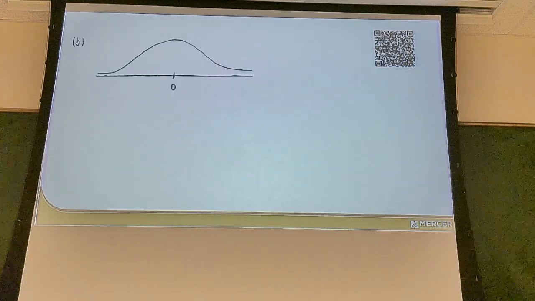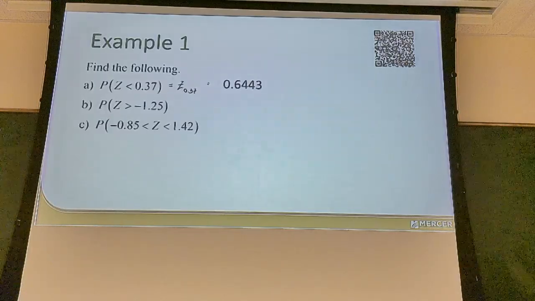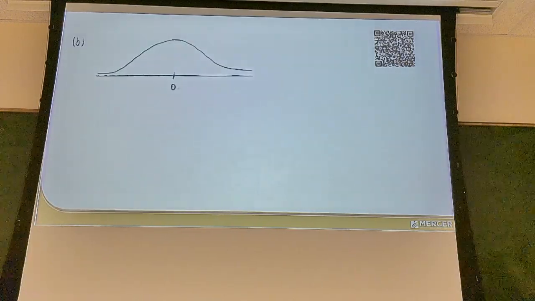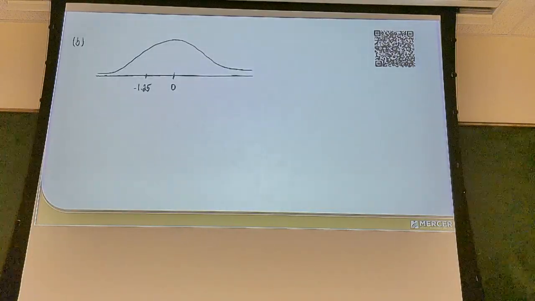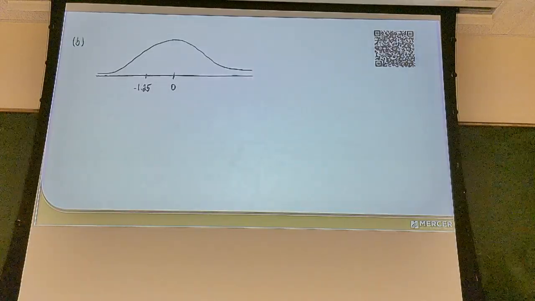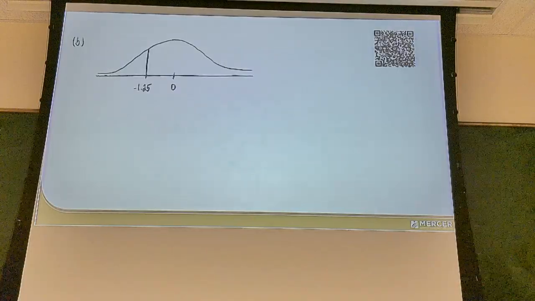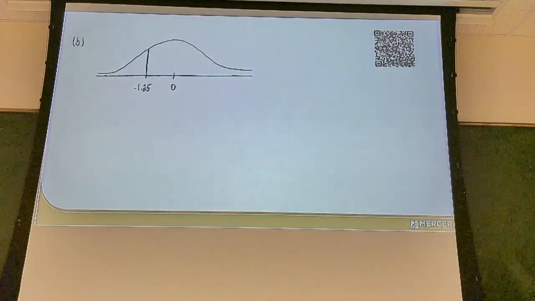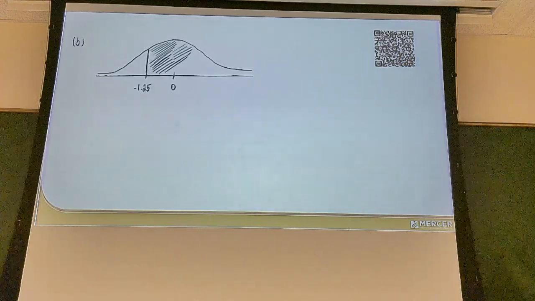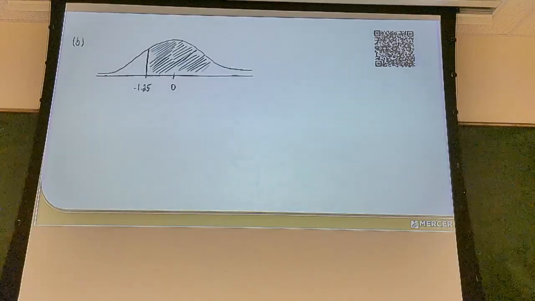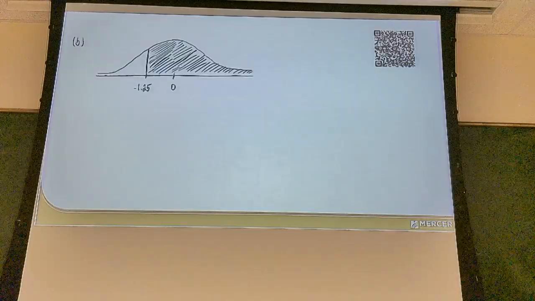That's the mean of 0. We want negative 1.25, greater than negative 1.25, so maybe right about there is what we're looking at. So the area that we're looking for is that area.